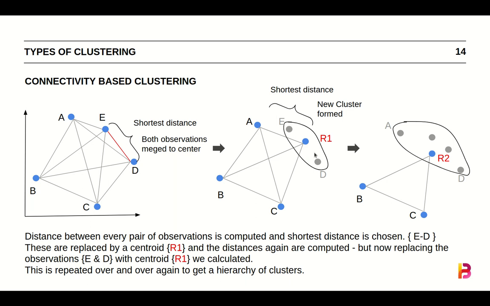So earlier the average distance within the cluster was only this much, the distance between E and D. Now when you expand the cluster to include A, you have inherently increased this part. So the average distance would always keep on increasing regardless of how you expand these clusters.